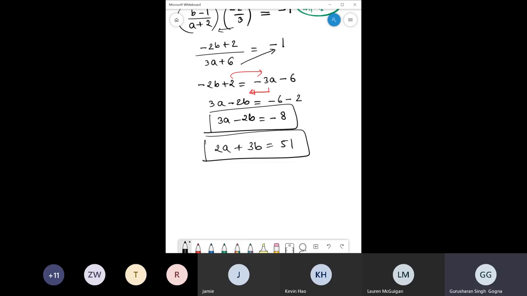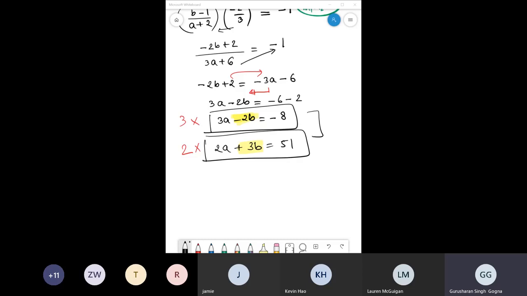So I'm not going to do that. Just quickly, I can say you can multiply first equation by 3 and second equation by 2, so that these two coefficients will be same. And then you can eliminate that. So I think this is very basic stuff. Okay, that's the idea.